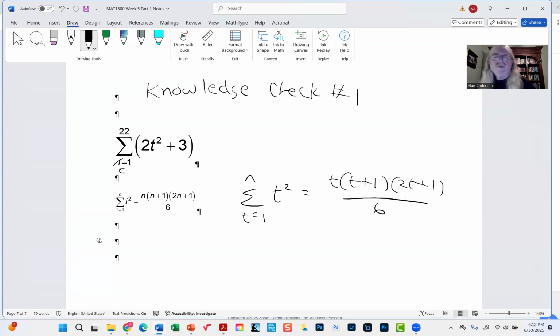What we're going to do here is use the properties of summation signs, the summation operator.